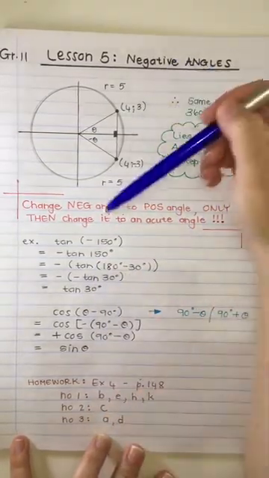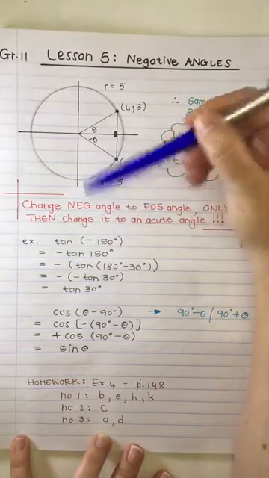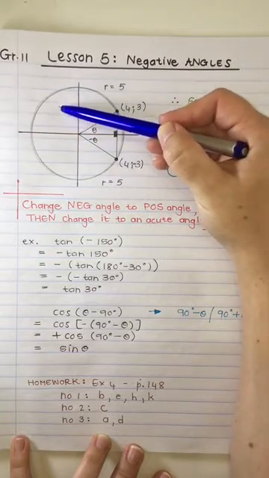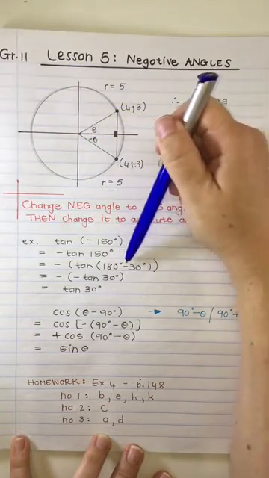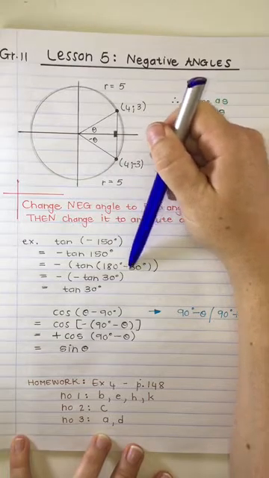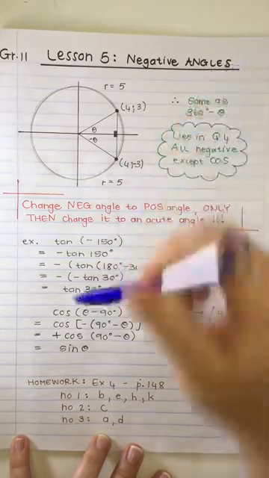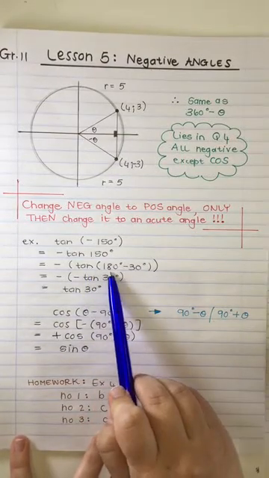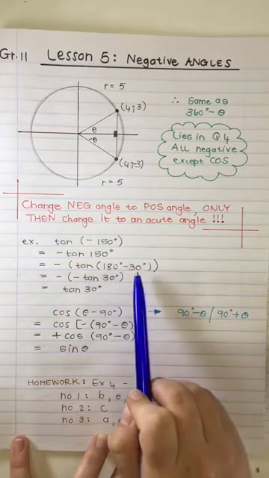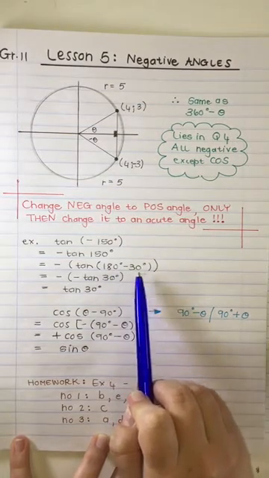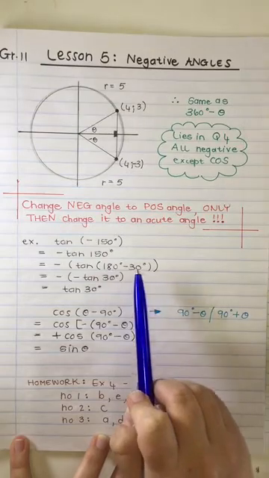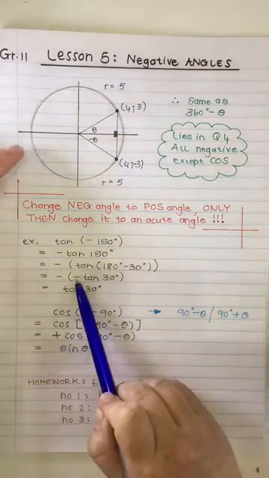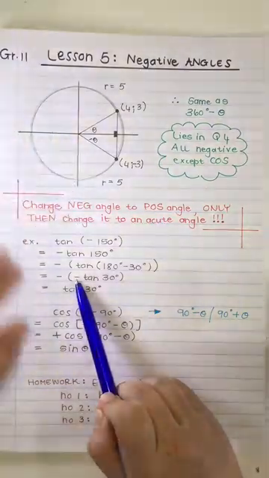Because 150 degrees lies in the second quadrant, and in the second quadrant we work with 180 minus 30. We want the 30 because we want an acute angle. Now remember what our rule says: tan of 180 degrees minus or plus any angle will be the same as tan of that angle. The only thing you have to take note of is the positive or negative sign, so you have to look in which quadrant it falls.